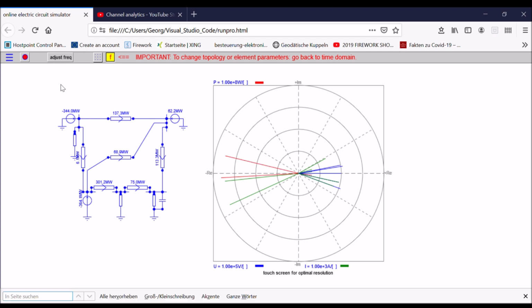If I want, I can also highlight the power. These are the red phasors in my phasor diagram. The real power of the red arrow is on the real axis, whereas the reactive power is on the y-axis, the imaginary axis. So real power and reactive power.